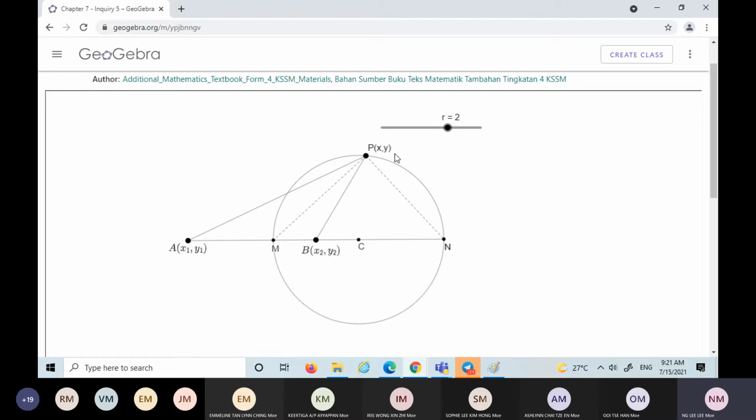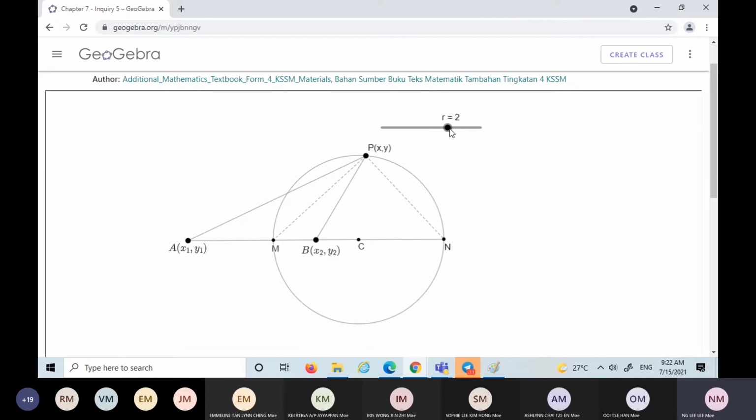Let me show you. Drag the point on the slider to the left and right so that the ratio changes and the circle forms. So for this type of question, you also get a circle.